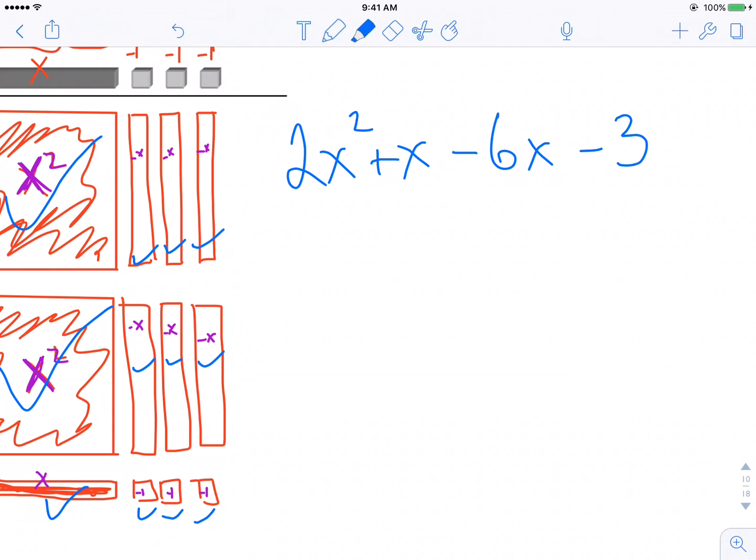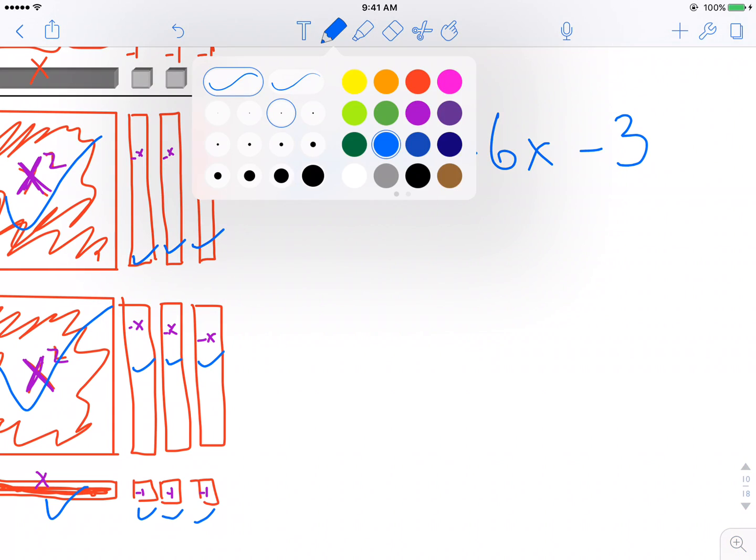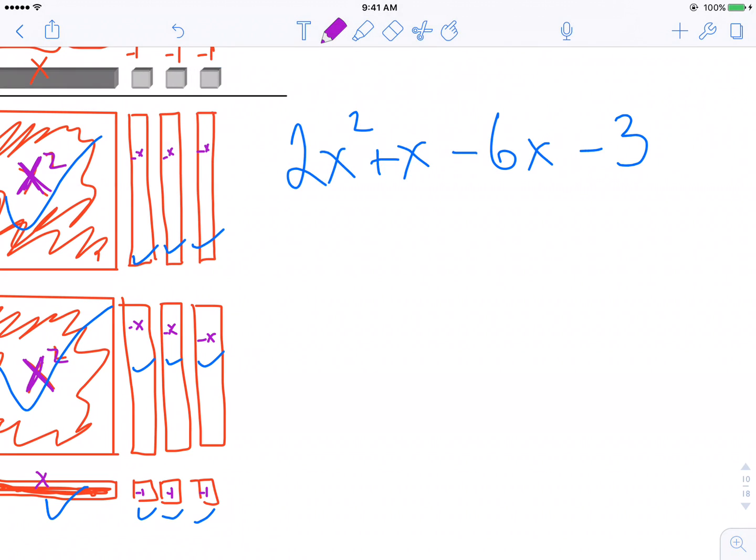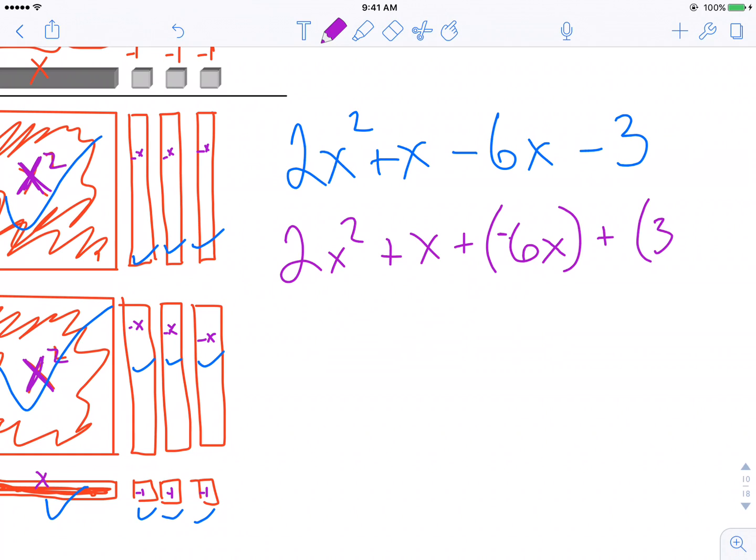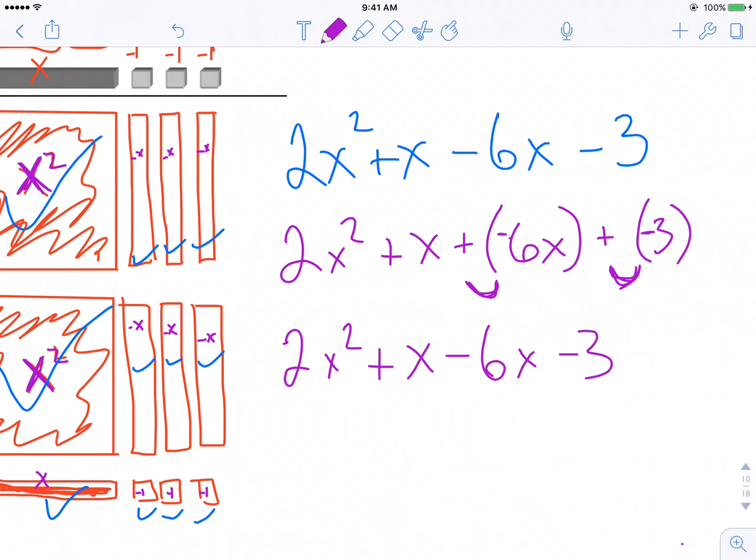Now you could write this out as 2x squared plus x plus 6 negatives plus 3 negatives. But when you simplified this and this, you'd get 2x squared plus x minus 6x minus 3 anyway.